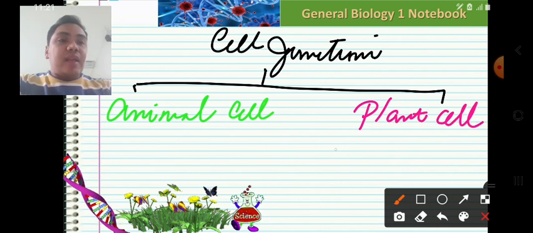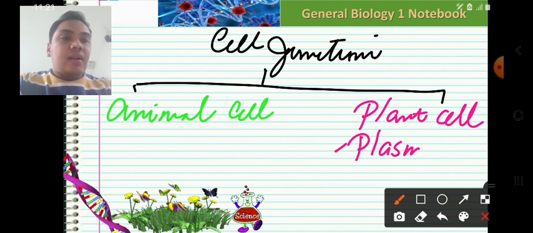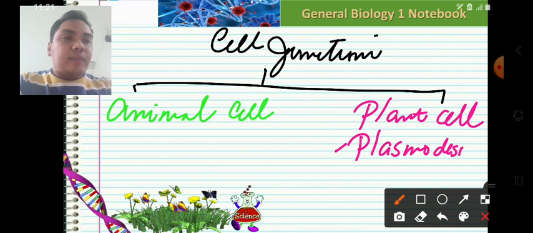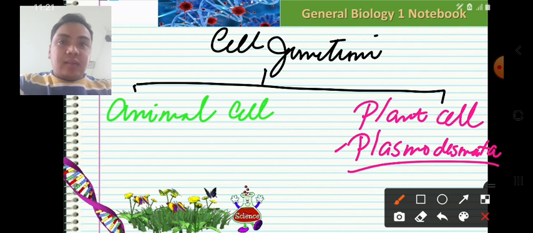In the case of the plant cell, the example of cell junction is the plasmodesmata. So plasmodesmata is the cell junction for the plant cell.